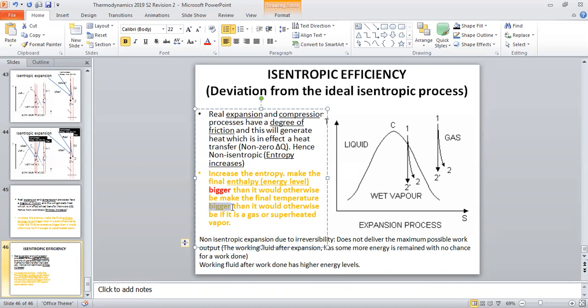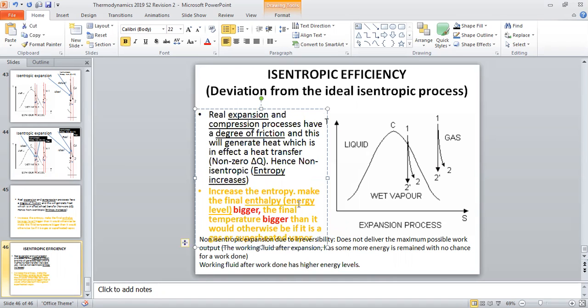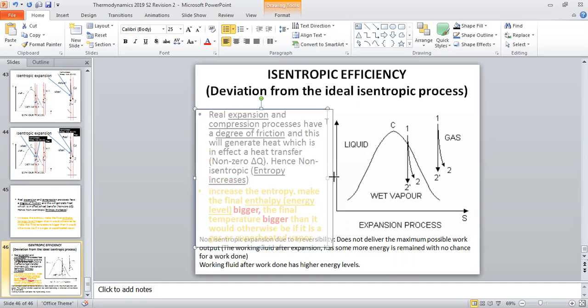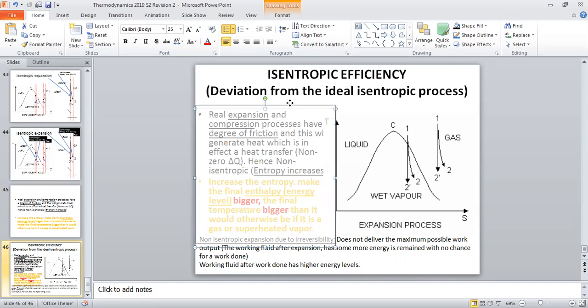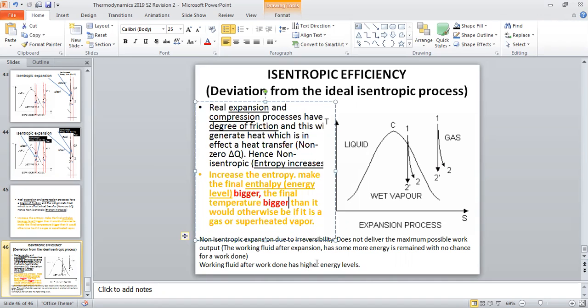The final enthalpy and final temperature can be bigger than if the process were isentropic.